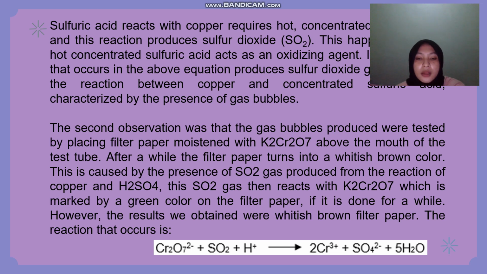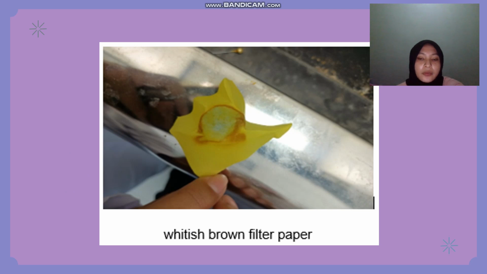This sulfur dioxide gas then reacts with potassium chromate, which is marked by a green color on the filter paper. If it is done for a while, however, the result we obtained was whitish brown filter paper. The reaction that occurs is whitish brown filter paper.